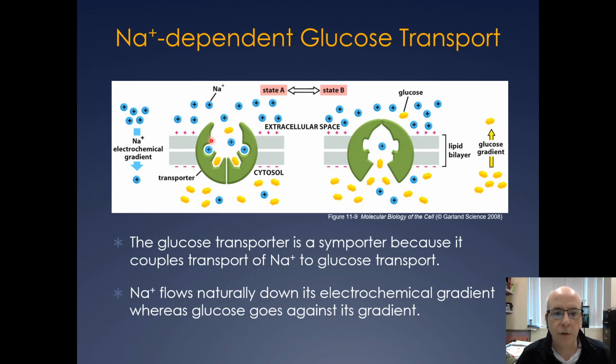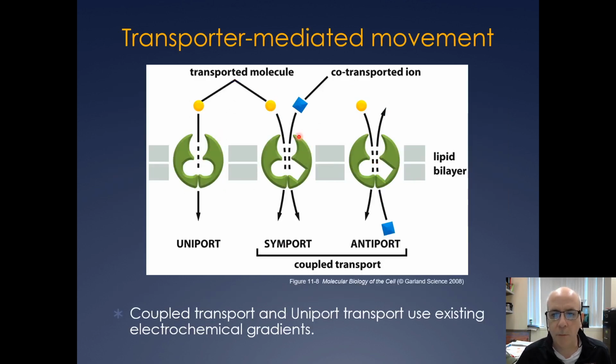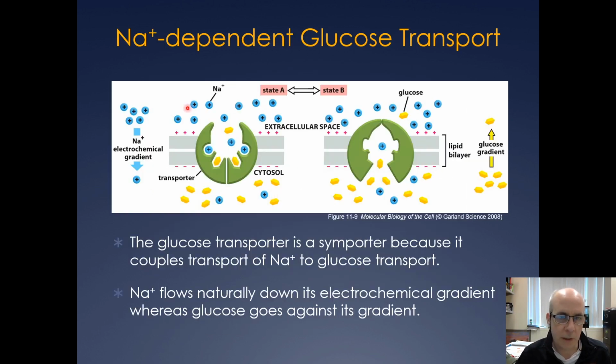So they're going to use the sodium that's outside to actually move glucose against its concentration gradient here. And then it undergoes a conformational change, and the glucose can get released in. The sodium's going to flow naturally down its electrochemical gradient, whereas the glucose is going against its gradient. So in this instance, with this symporter here, it's using the sodium to drive the movement of glucose.